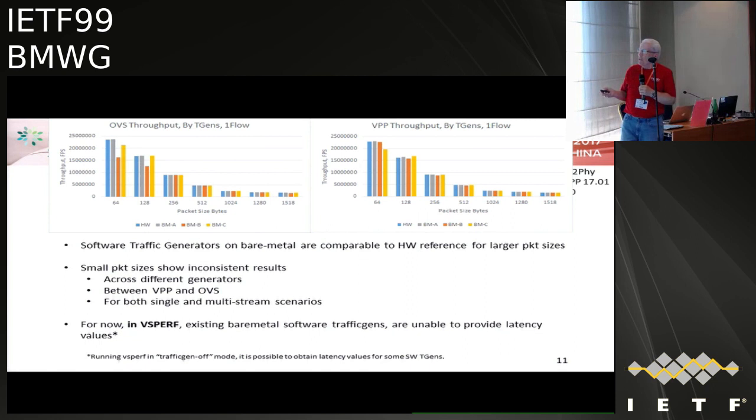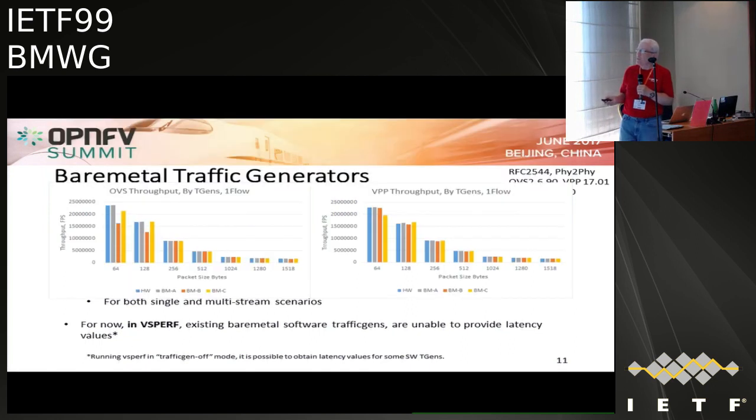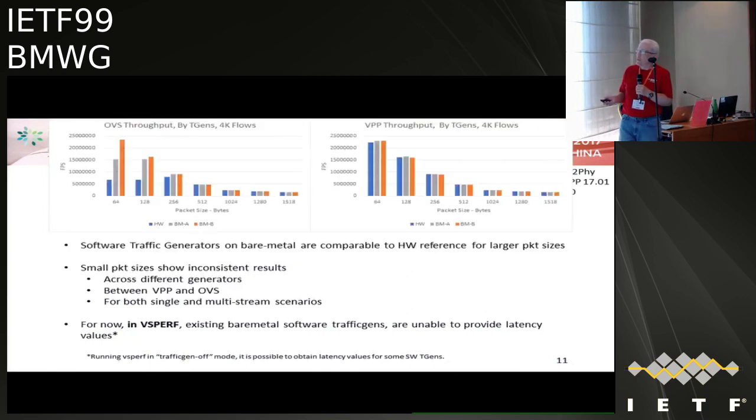So that's 25 million. Then we have something else here too. Now we're looking at the 4,000 flows, and we're looking at 1 hardware generator and 2 software generators on bare metal. And now, for some reason, we're seeing really improved throughput for the software generators.